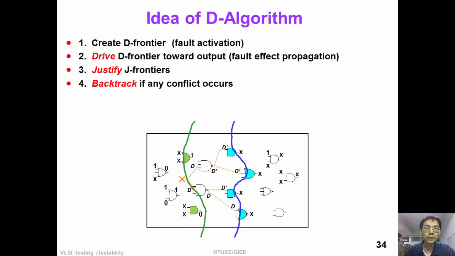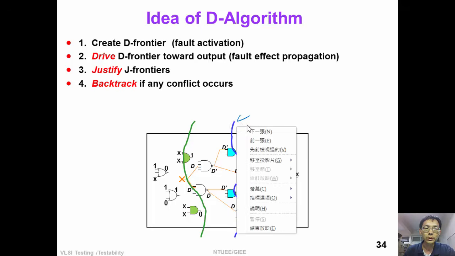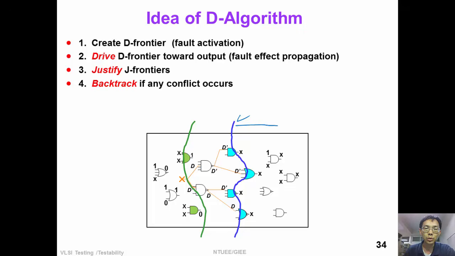So, the idea of the D-algorithm is very simple. First, we try to activate the fault and create D frontier, like this blue line. And we try to drive this D frontier toward the output.